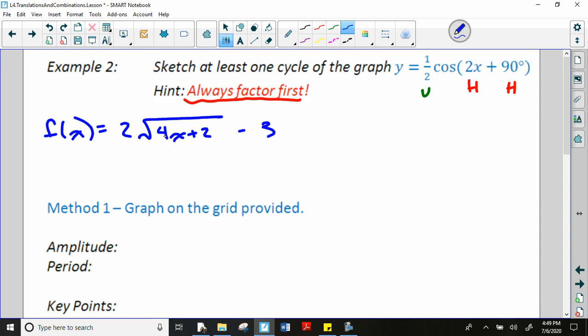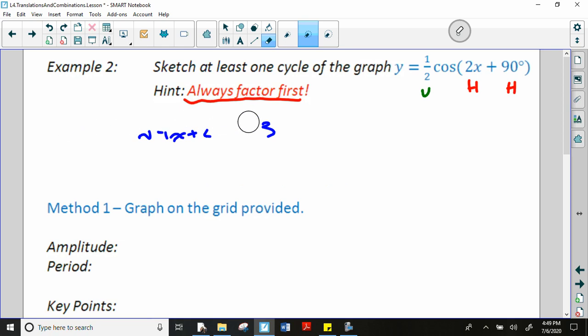So if you don't factor out this value in front of what's going on, you're not going to get a proper translation left or right. Your vertical stretch or compression, in this case, it's going to change our period, is going to be correct, but then the phase shift is going to be incorrect.